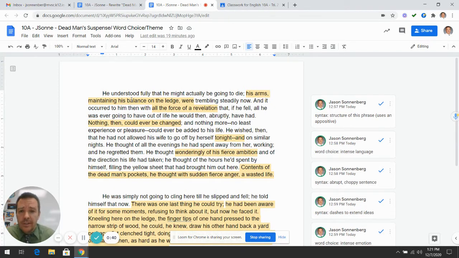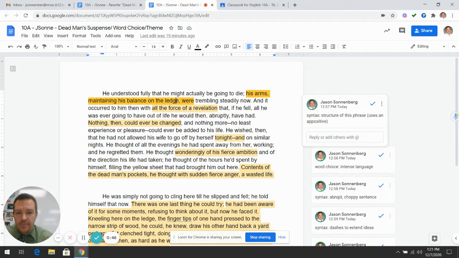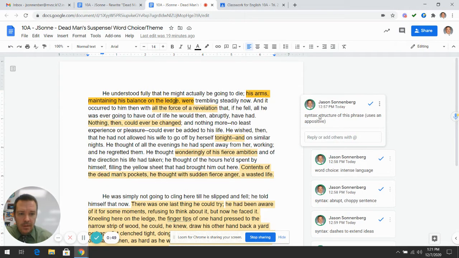He understood fully that he might actually be going to die. His arms, maintaining his balance on the ledge, were... If you click that, you see all of our comments over on the right, and you'll see which one applies directly to it. Syntax basically just means the structure of the sentence, or how the author chose to construct it.